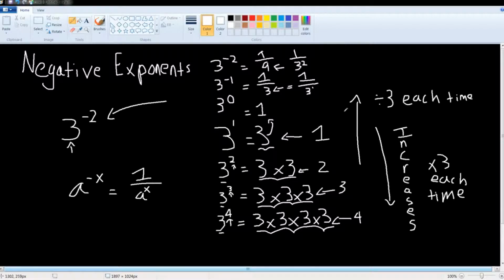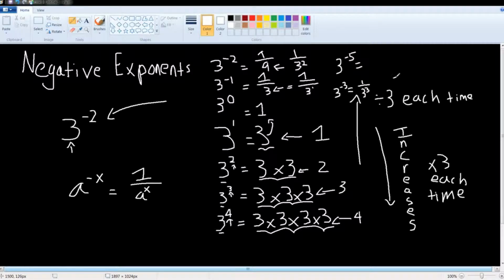So let's see, what would 3 to the negative 5 be? Well, first, what would 3 to the negative 3 be? It would be 1 over 9 divided by 3, or in other words, 1 over 3 to the third.